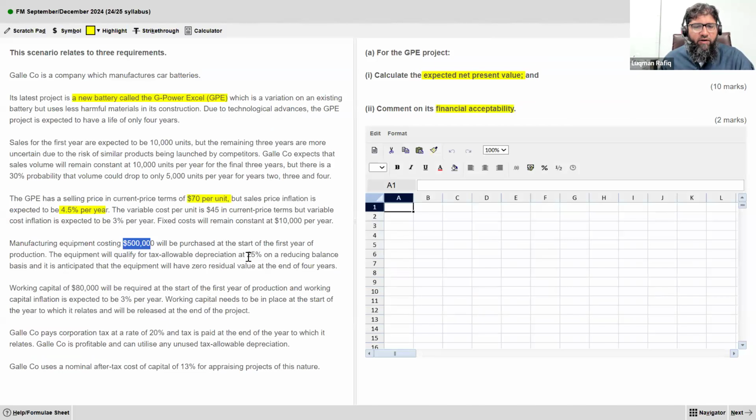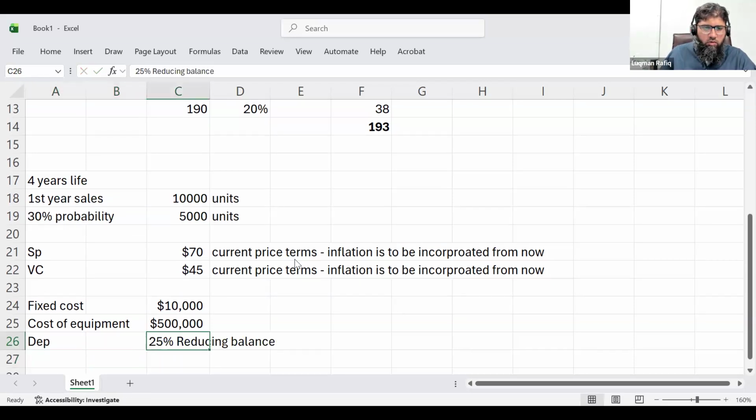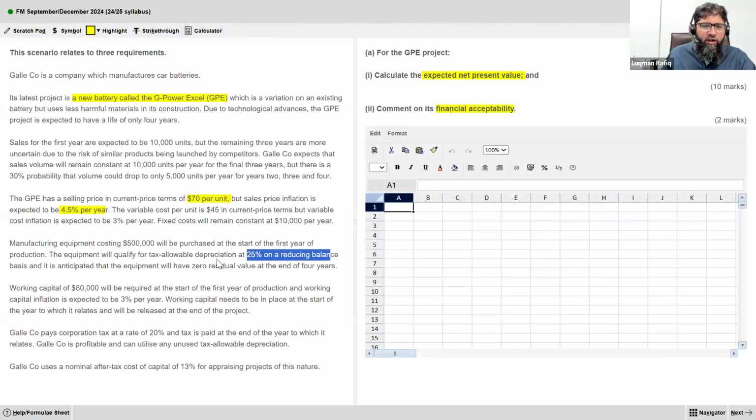The equipment will qualify for tax allowable depreciation at 25% on a reducing balance basis. It is anticipated the equipment will have a zero residual value at the end of 4 years.